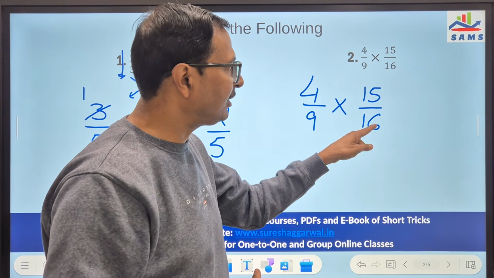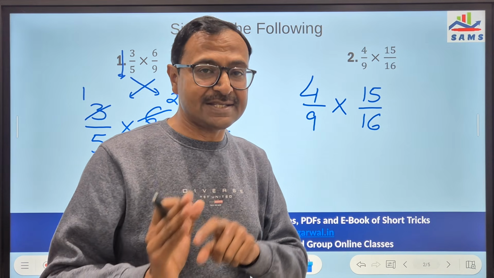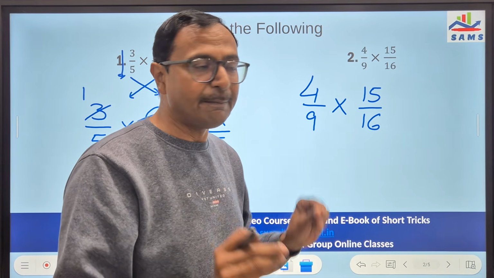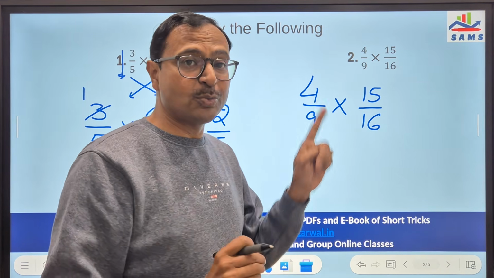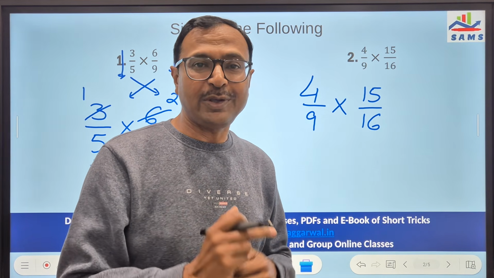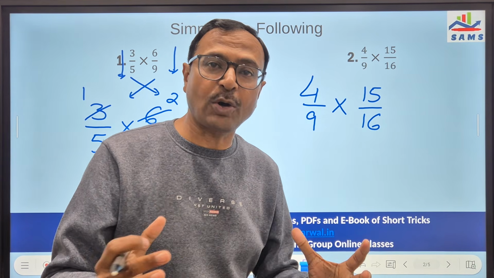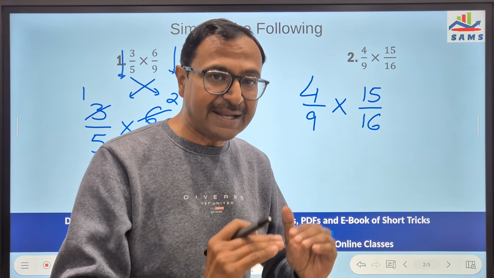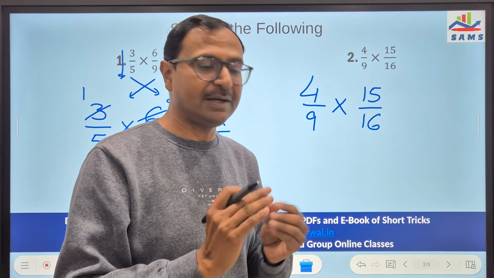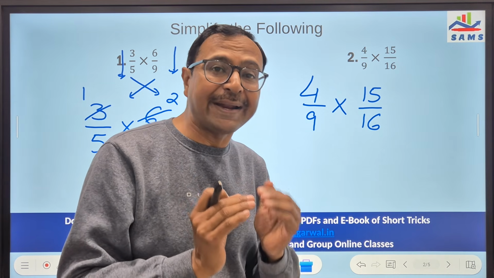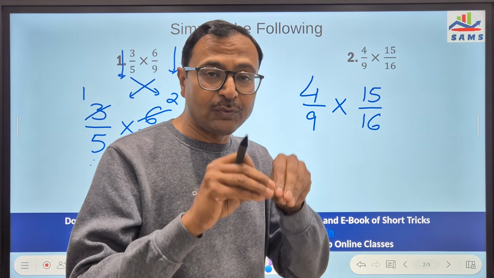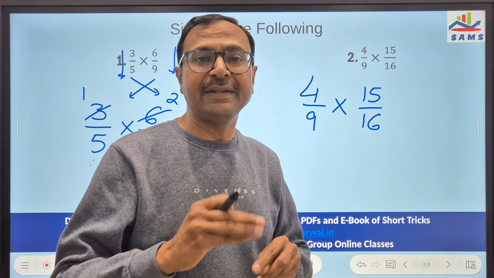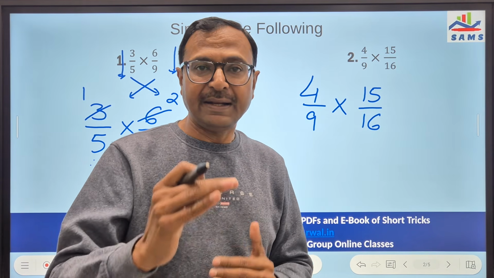So 2 is a common factor between 4 and 16 because both are even. But 4 happens to be the highest common factor. So if you are able to find out the highest common factor between two numbers, the calculation is going to be little less. But if you are cancelling the common factors one at a time, like dividing by 2 first and then another time by 2, then the process will get little lengthier.